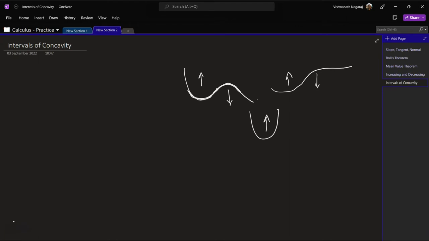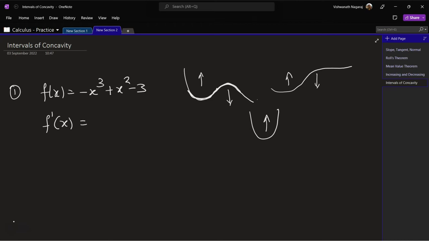So based on this, let's look at solving some problems. First one, f of x is equal to minus x cube plus x square minus 3. Now, our first derivative will give us the slope of this curve at any given point.